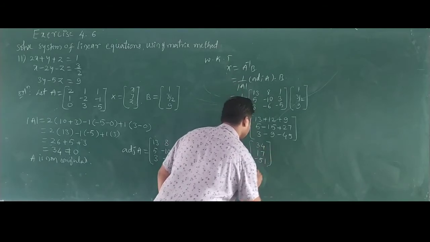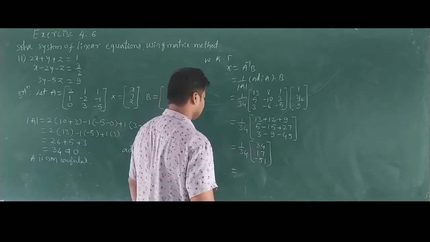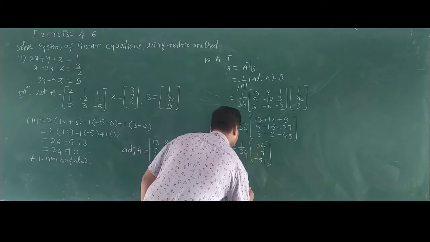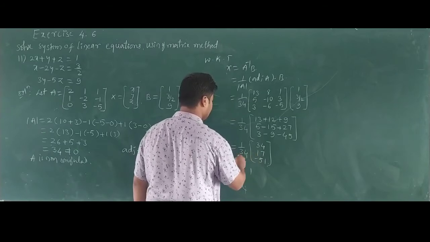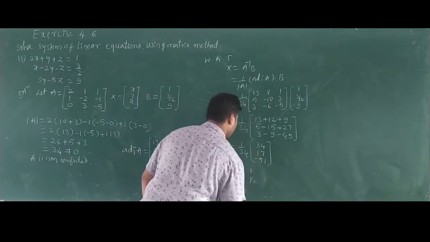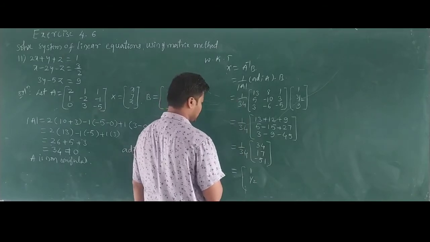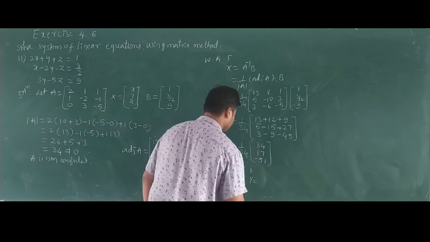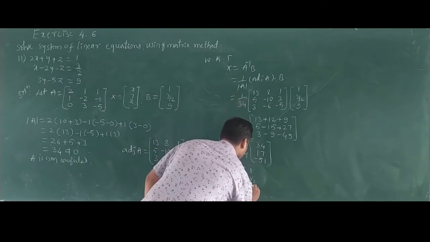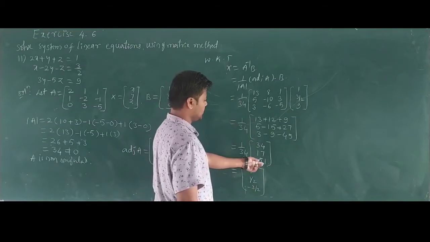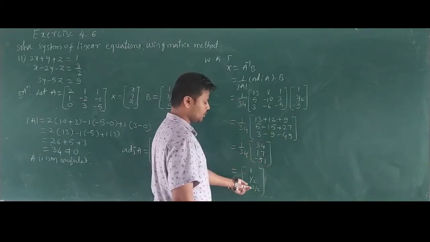What is this? 34 by 34 is 1, 17 by 34 is 1 by 2, and 51, this is minus 3 by 2. 17 threes are 51, 17 twos are 34, so minus 3 by 2.